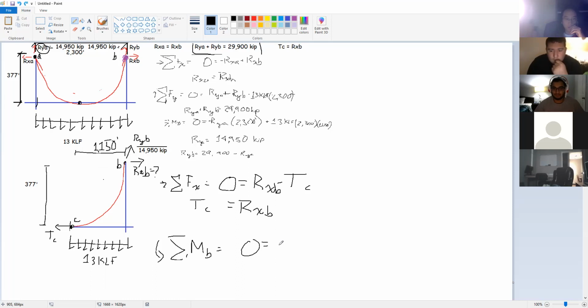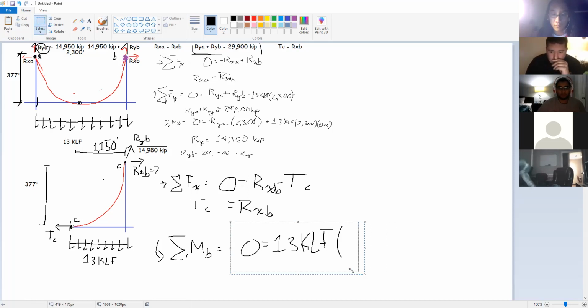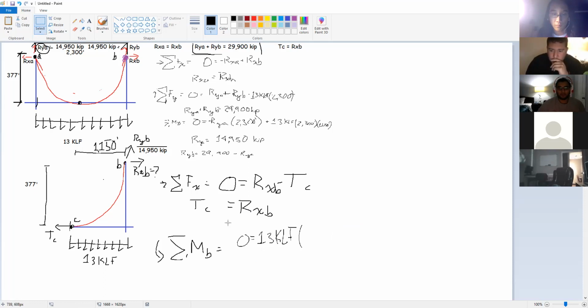So we're going to start off with the 13 KLF. Now remember, we're trying to take moments, so we need a force times a distance. Right now, KLF is a force per distance. So we're just going to divide by how long that is. How long is that? 1,150.